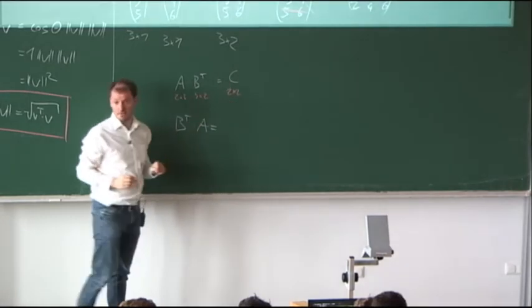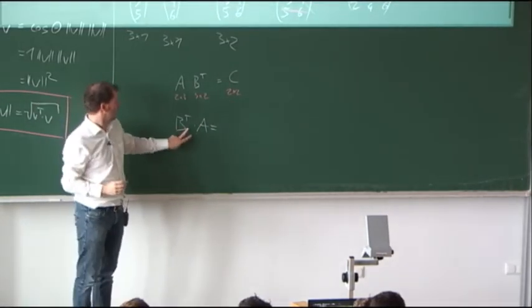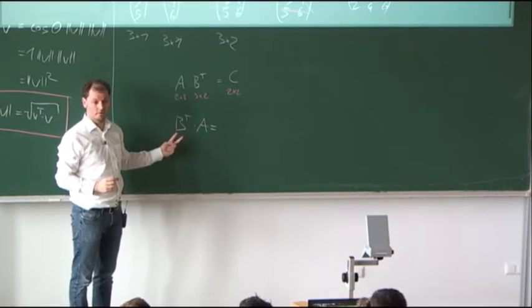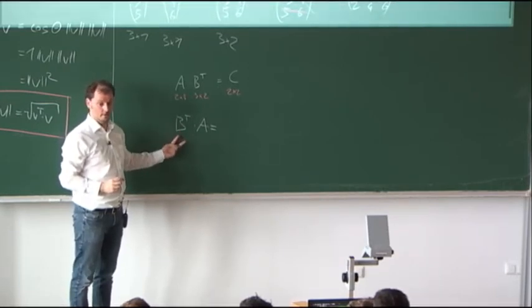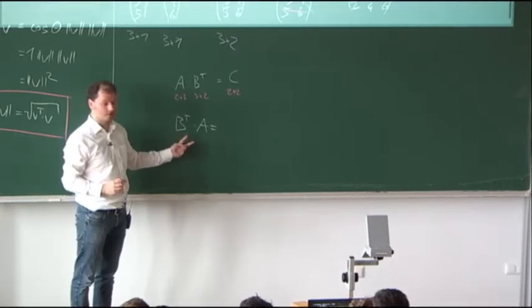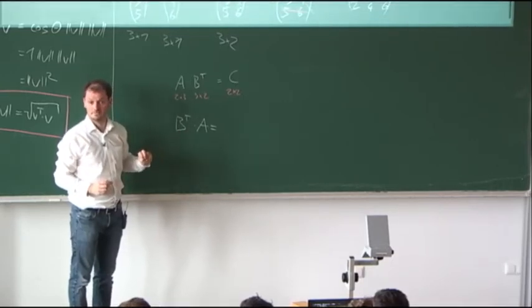Is that the same matrix? Who thinks that I can flip the order and it's the same matrix? Who thinks I can flip the order and it's undefined? Who thinks I can flip the order, it's still defined, but it's a different result?